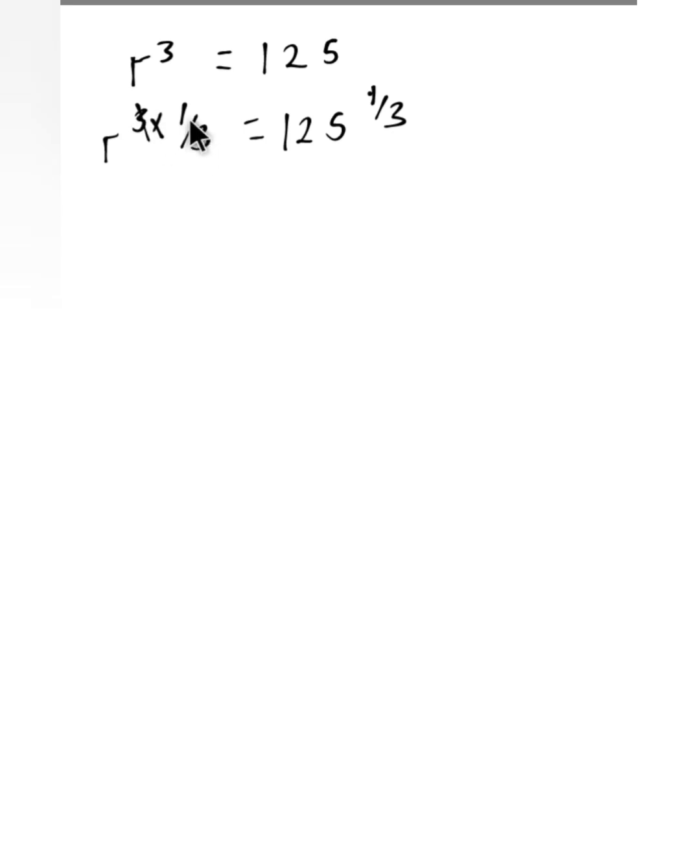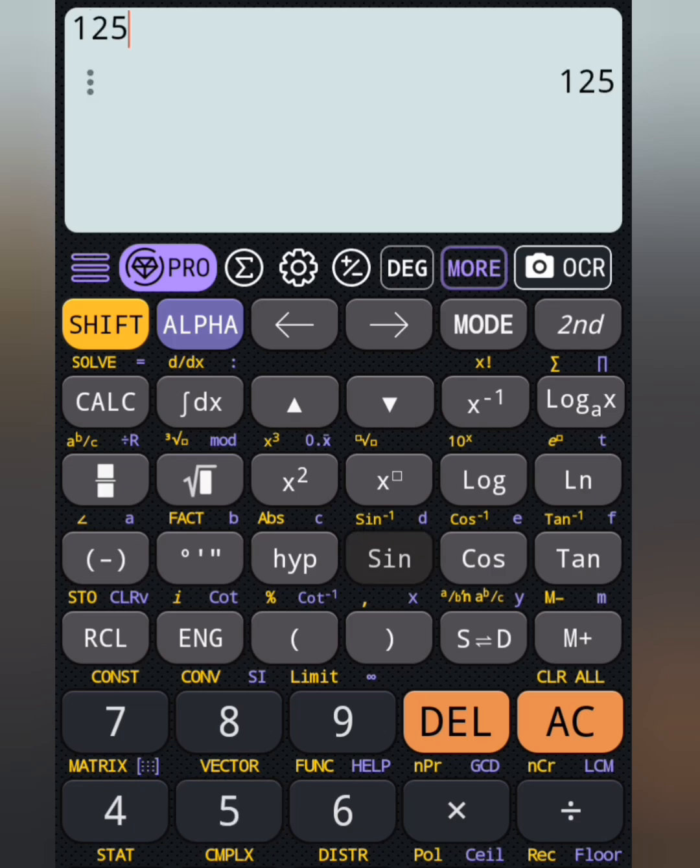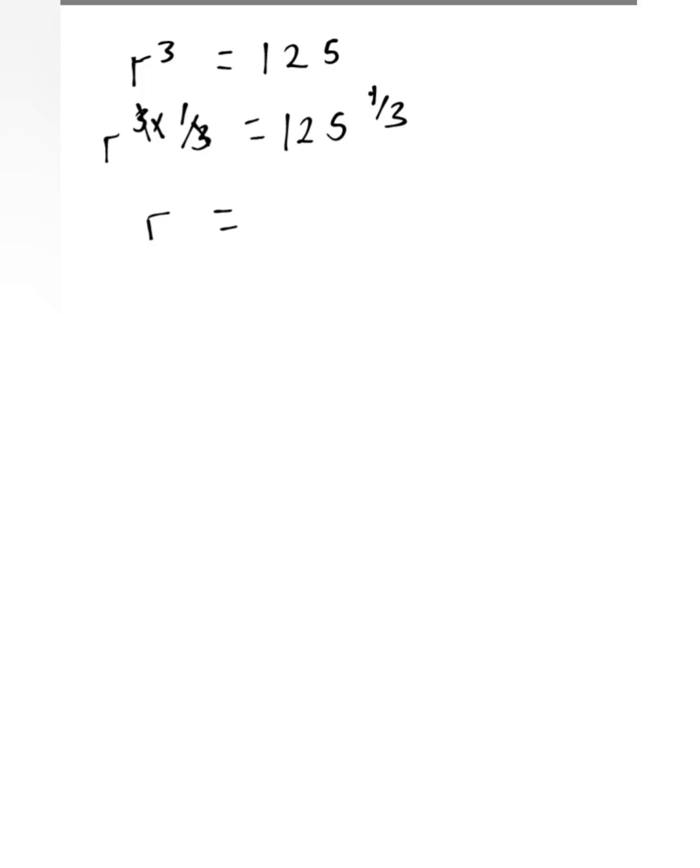So 3 will cancel 3, we're left with r equal to 125 raised to power 1 over 3. The answer is 5. So the common ratio is 5.